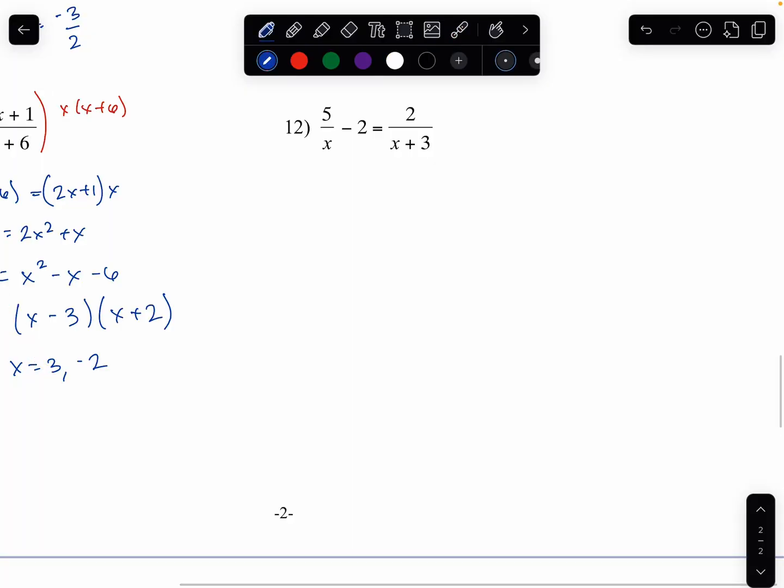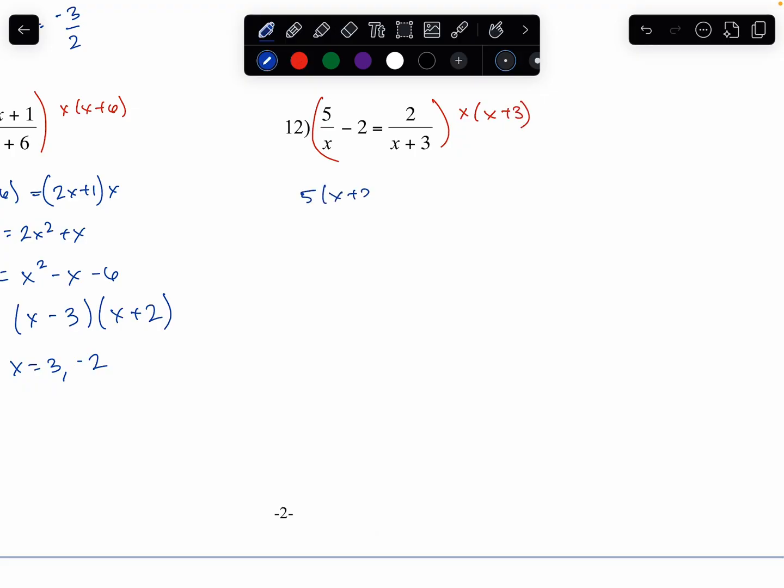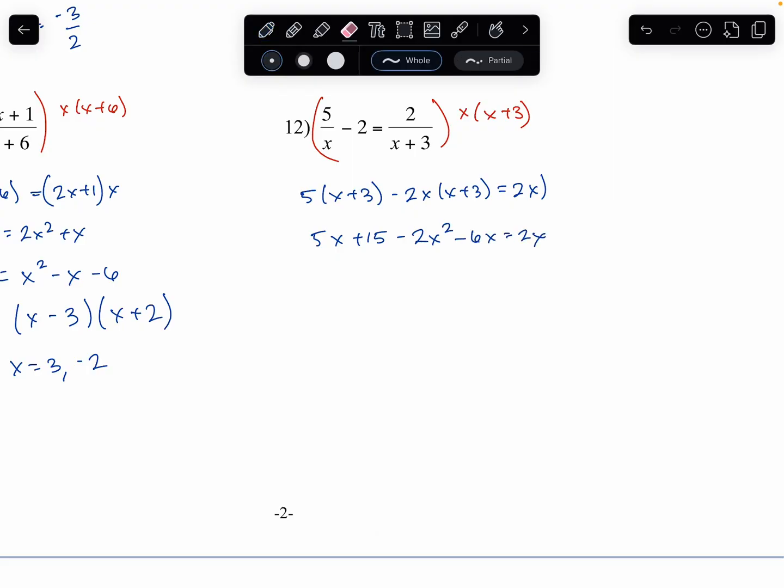All right, and last but not least, we're going to multiply everything by x and x plus 3. So we'll get 5 times x plus 3 minus 2 times x plus 3 equal to 2 times x. And then we'll get 5x plus 15, minus 2x squared minus 6x equal to 2x.